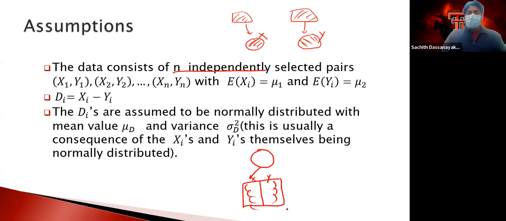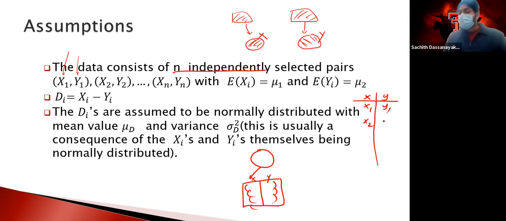As you can see here, those pairs are x1 y1, x2 y2, x3 y3, and so on. This y denotes the second observation, and this denotes the first observation of each pair. So this is the first observation of the first sample, x1 y1.